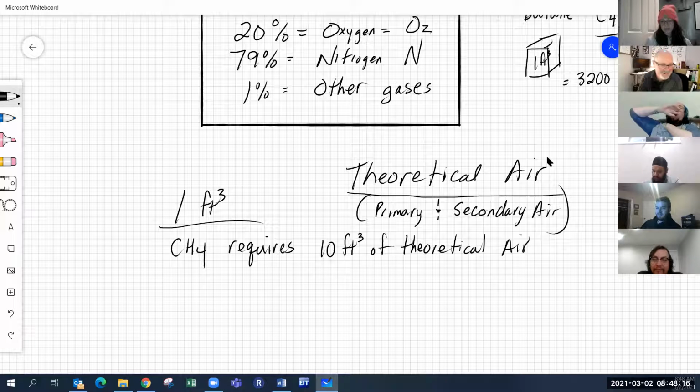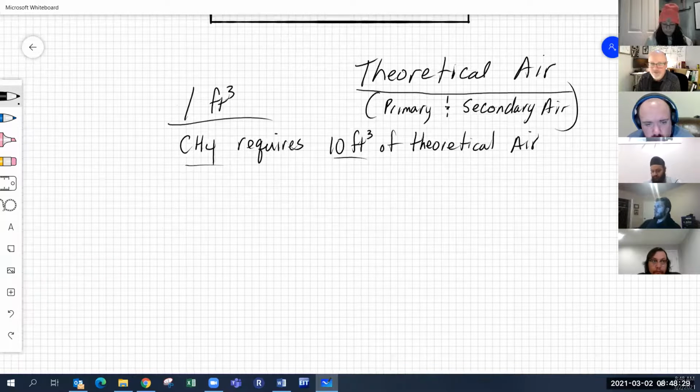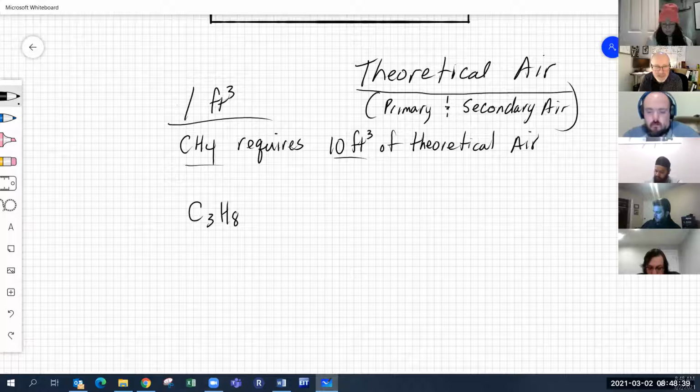That's awesome. Okay, so 1 cubic foot of CH4 requires 10 cubic feet of theoretical air. And we're going to take a break here in a second, but I'm just going to give you the theoretical air amounts for each of those 3 gases. So C3H8, propane gas.